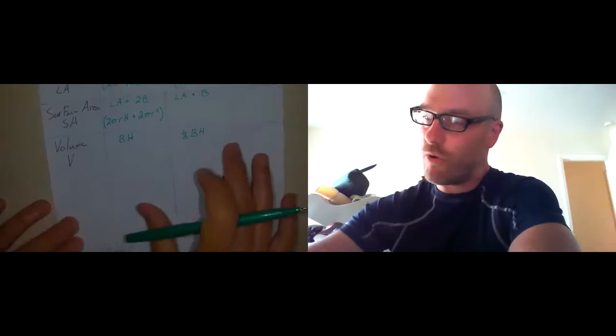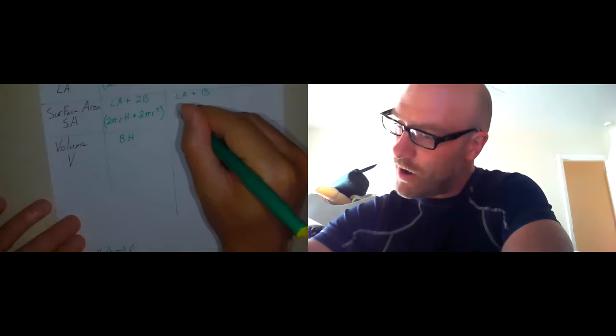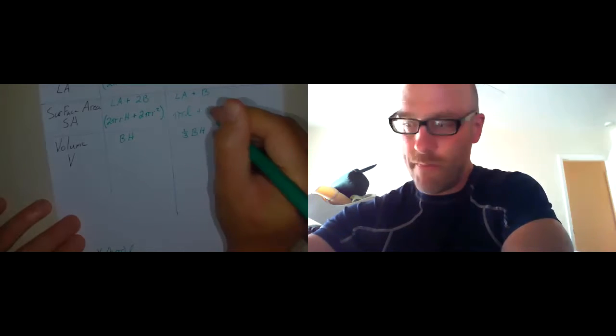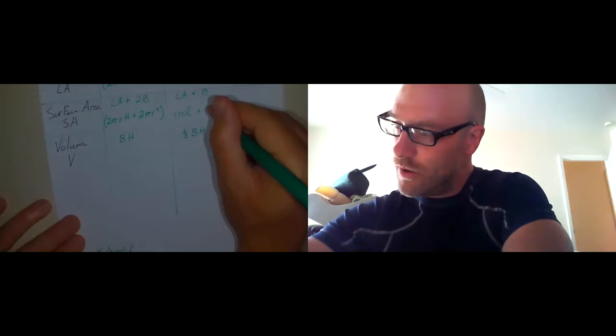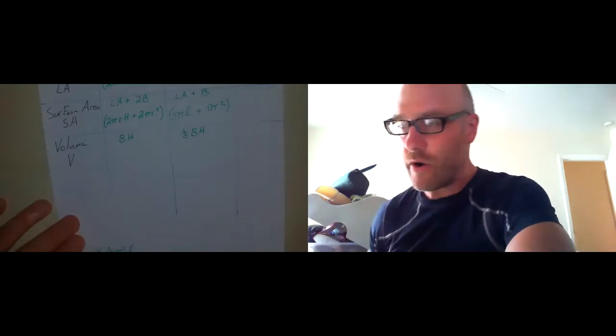The last thing for the day is the lateral area, pi r L, plus the base, which is 1 circle, pi r squared, gives us the surface area of a cone.